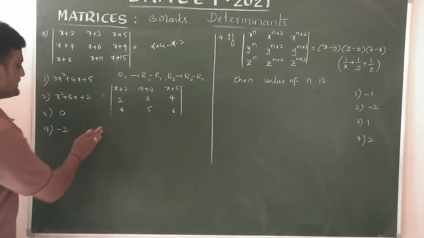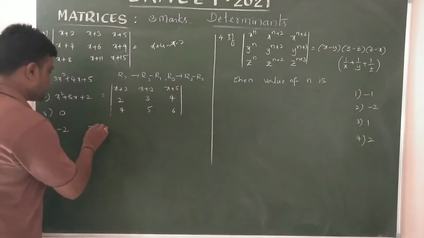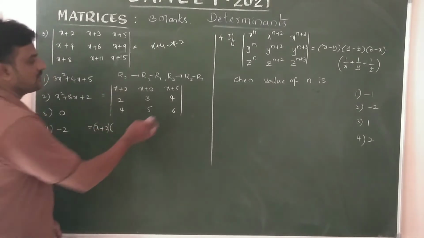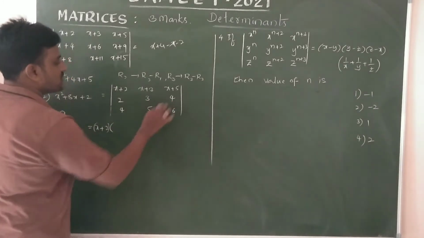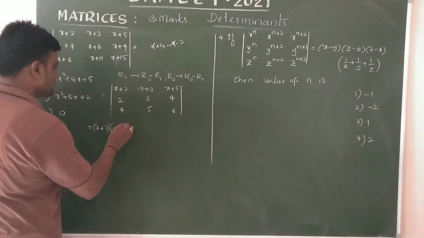Let us do it directly. x plus 2 into what? 18 minus 20, minus 2.